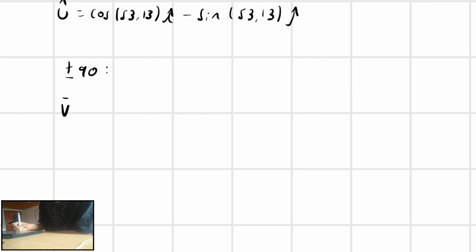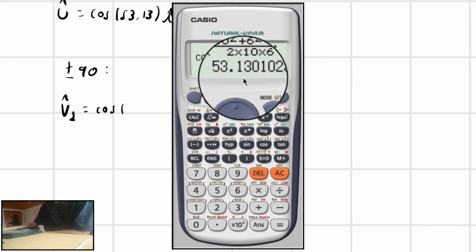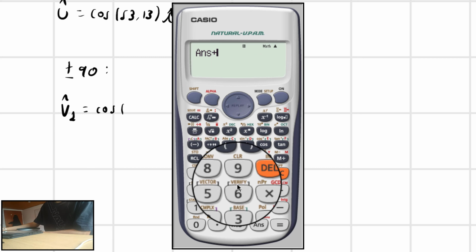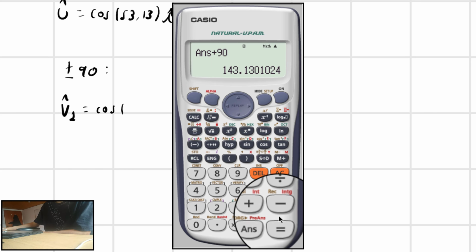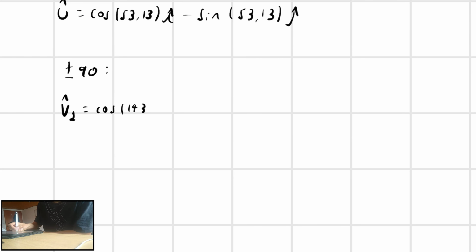So the first solution for the unit vector v is going to be equal to the cosine of 53.13 plus 90, 143.13, in the i direction minus sine of, once again, 143.13 in the j direction.